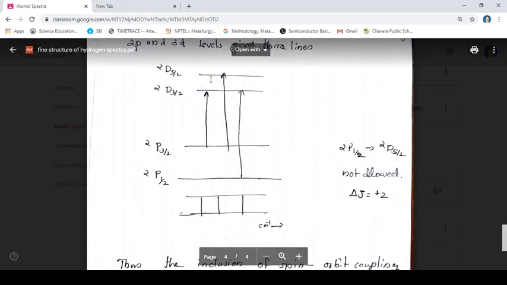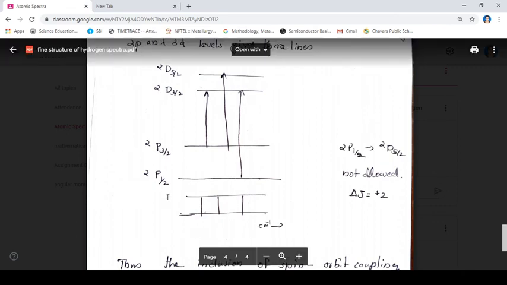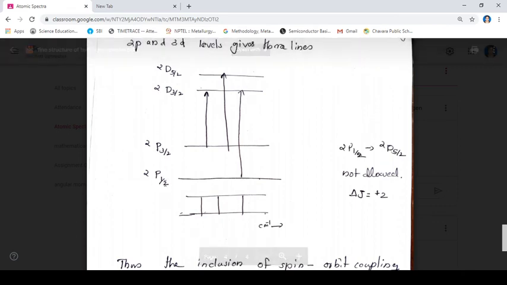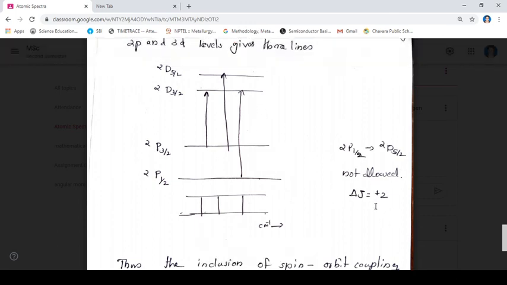From 3 by 2 to 5 by 2 transition is also possible. And from 1 by 2 to 3 by 2 transition is possible. But from 2p 1 by 2 to 3d 5 by 2 transition is not possible, because here delta j is equal to plus 2. As per the selection rule, delta j should be either 0 or plus or minus 1.